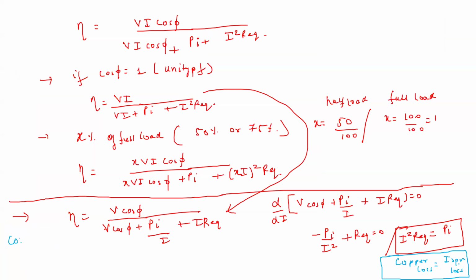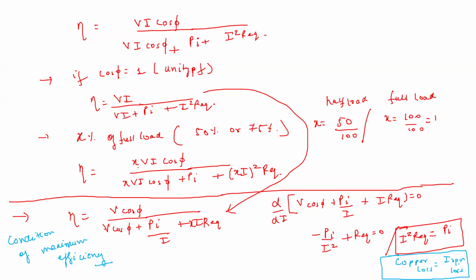Condition of maximum efficiency. If VI is there, I'll include X also, I think that will make it more clear. So I have divided everything by XI, so here we are left with XI.